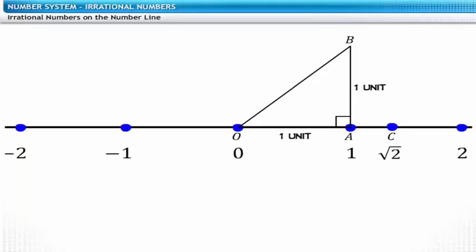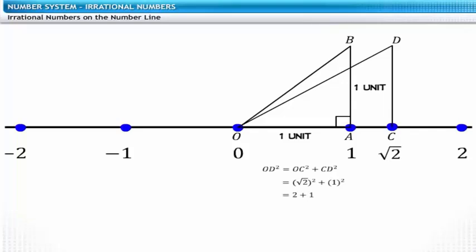Similarly, we can represent square root of 3 on the number line. Let's see how. In the same figure, through C, draw CD perpendicular of 1 unit length. Join OD to get right-angled triangle OCD. Applying Pythagoras theorem for right-angled triangle OCD and substituting the values of OC and CD, we get OD squared as 3.